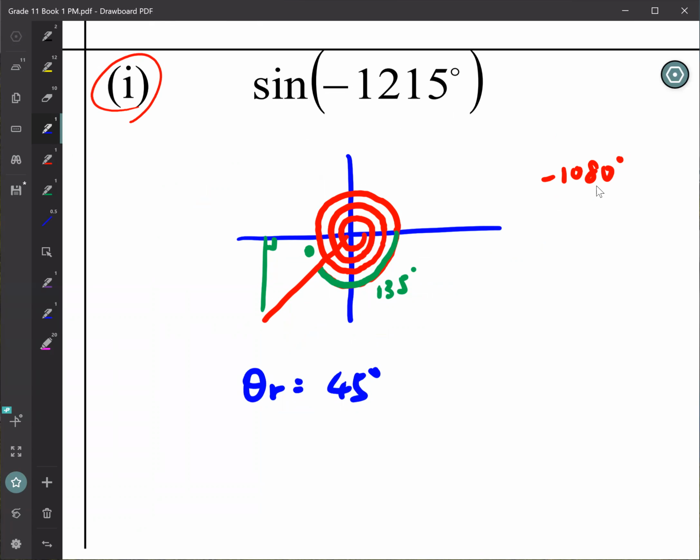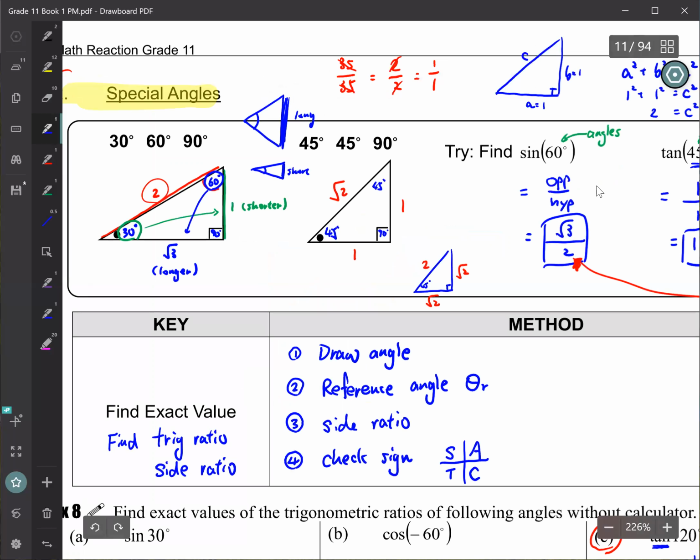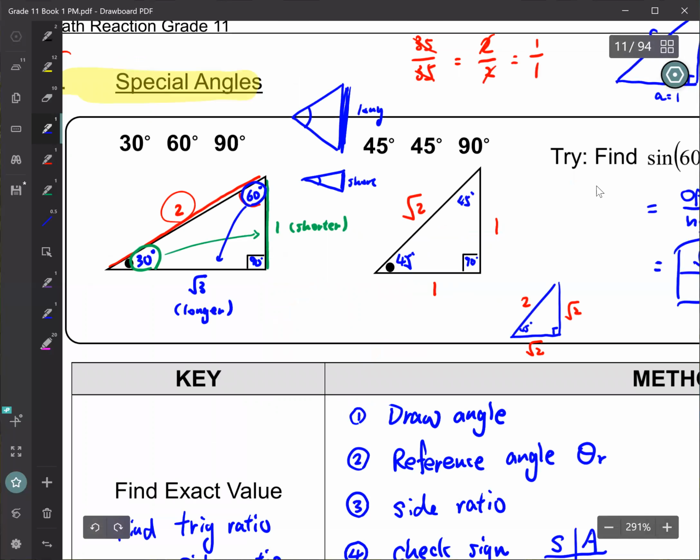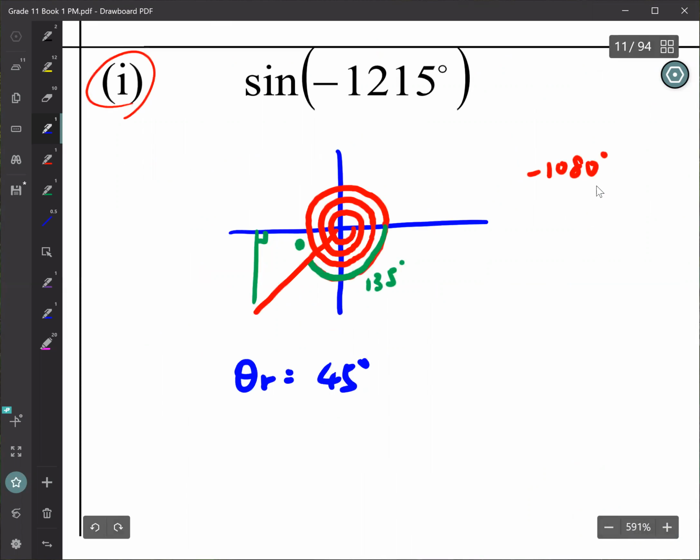Then you look at the triangle we had above. Do you see the 45-degree triangle? Okay, so what are the 3 sides? 1, 1, and square root 2. Yes, so that's where you get the 3 sides. So you put that into your picture. So 1, 1, square root 2.